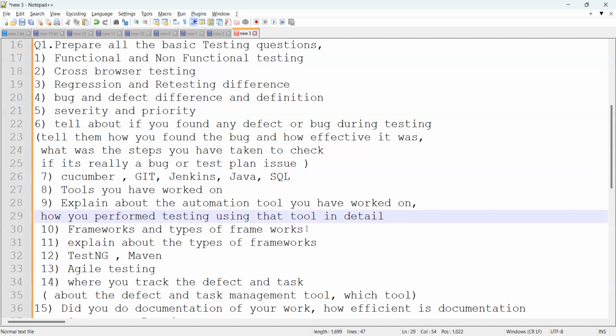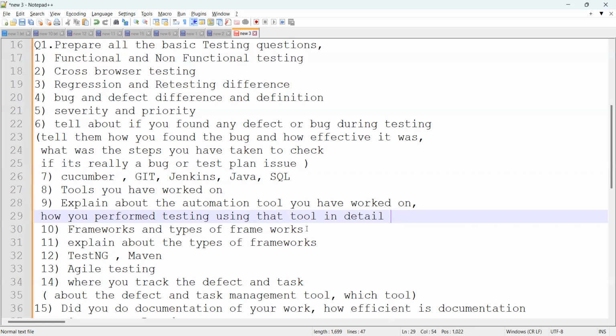Because if you have worked on creating a framework, then you will have a different confidence. And if you are just writing test scripts, then obviously you don't have that much idea about the ins and outs of that framework.